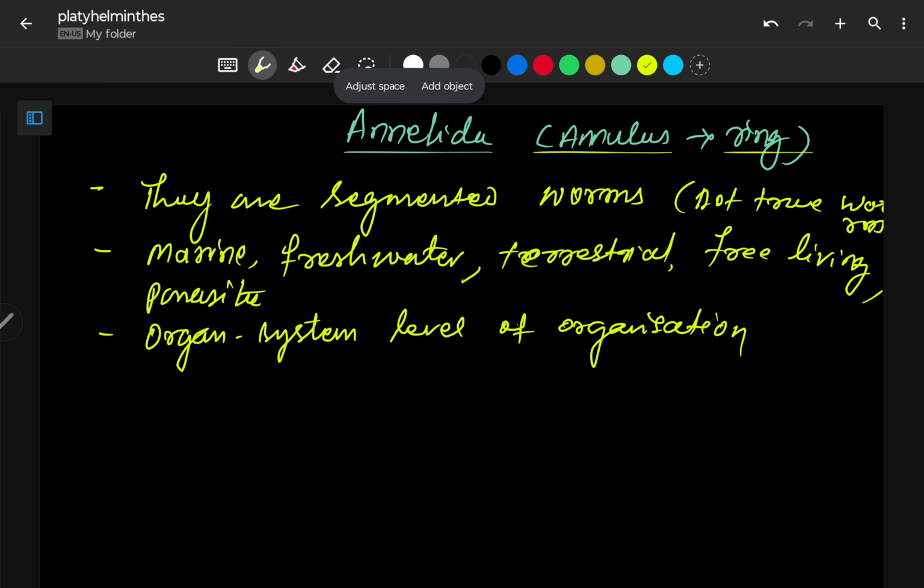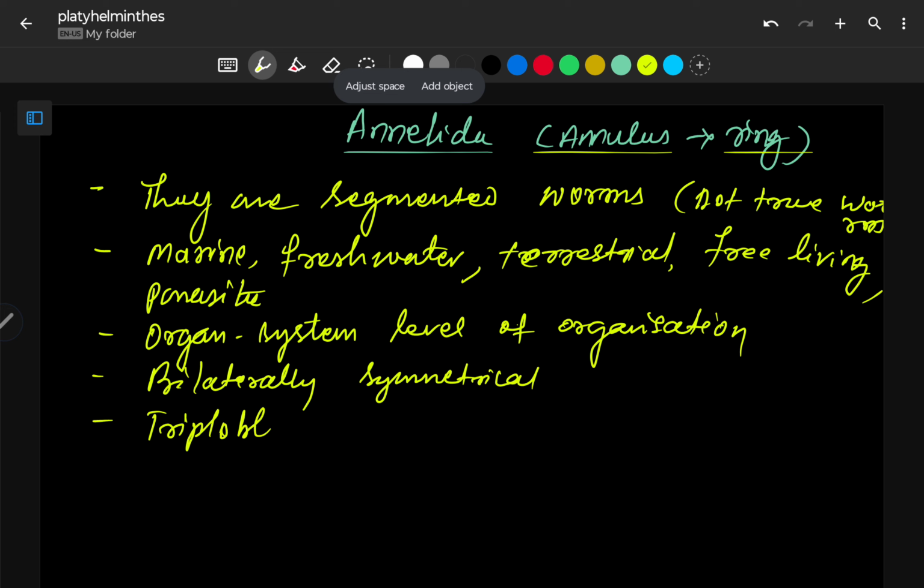Okay, and their body is bilaterally symmetrical and triploblastic, and this is the phylum which contains the true coelom for the first time.